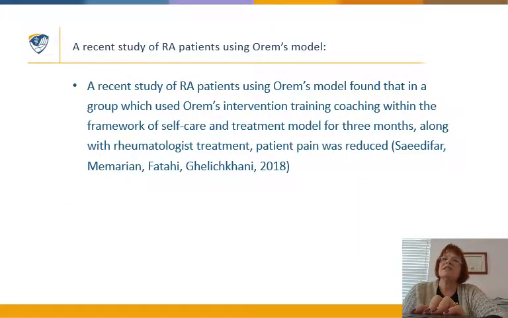A recent study of rheumatoid arthritis patients using Orem's model found that in a group which used Orem's intervention, training, and coaching within the framework of self-care and treatment model for 3 months, in tandem with rheumatologist treatment, patient pain was reduced.